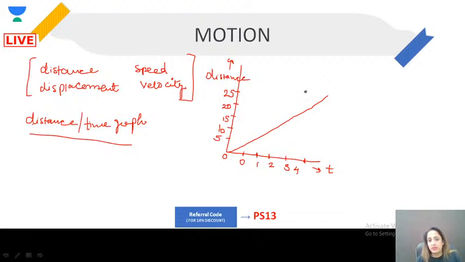So from this particular graph we can say what is the speed of the object. Okay, so how can we say that?